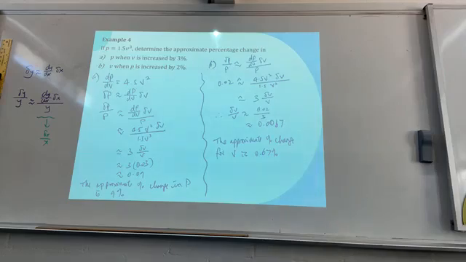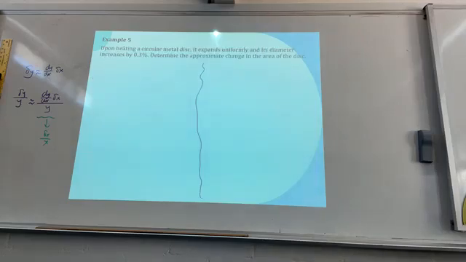Let's try example 5, please. I make life a little bit easier for you by saying that it is a circular metal disc. So when it comes to the word circular, you know what it means.